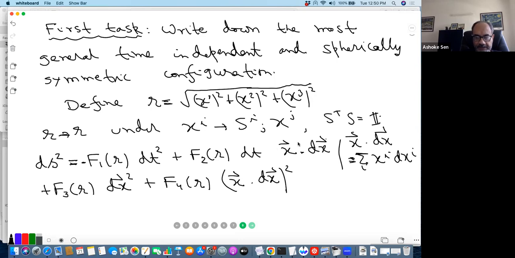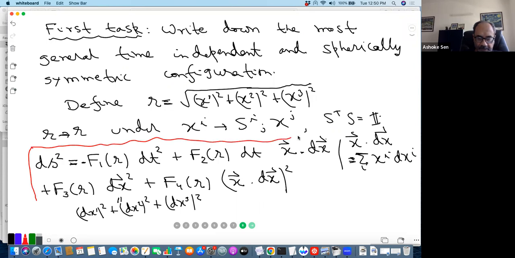That's why I have used x dot dx. Similarly, dx square is the standard dx1 square plus dx2 square plus dx3 square, and x dot dx I've already defined. So the claim is that this is the most general configuration which satisfies time translation invariance and spherical symmetry.